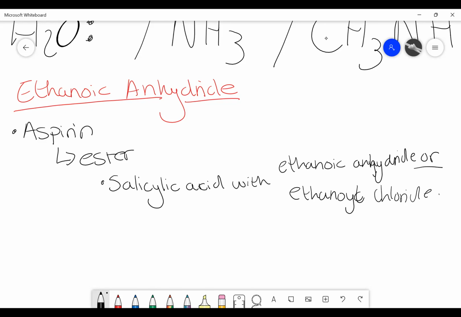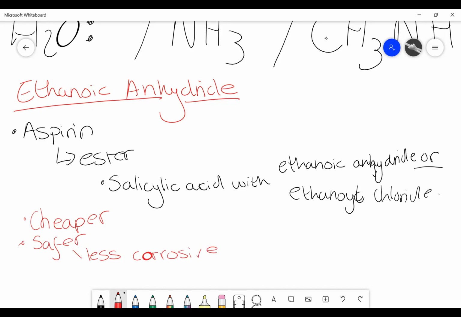In industry, ethanoic anhydride is always chosen. The reason it's chosen rather than using ethanoyl chloride is because ethanoic anhydride is cheaper. It is a lot safer to use because it is less corrosive.